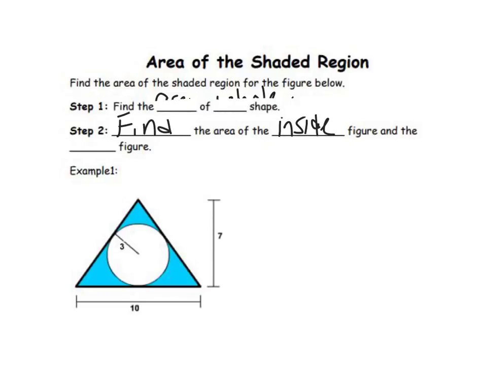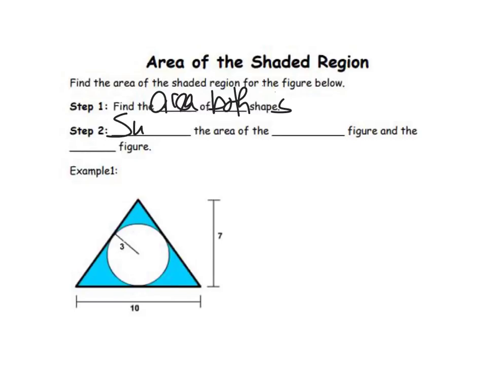Okay, so let's do this again. It says find the area of both shapes.